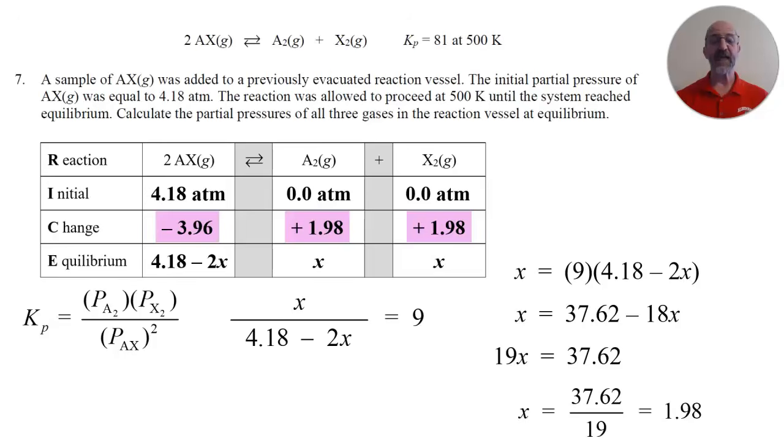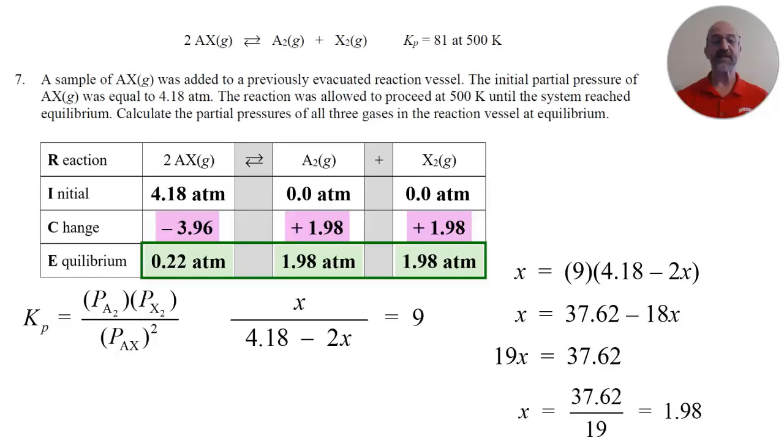Now I will do the change in partial pressure from top to bottom. So 4.18 minus 3.96 is equal to 0.22 atmospheres. And then for the other ones, it would simply be 0 plus 1.98. So these numbers that you see in the bottom row of our RICE table are the partial pressures of all 3 gases in the reaction vessel at equilibrium.